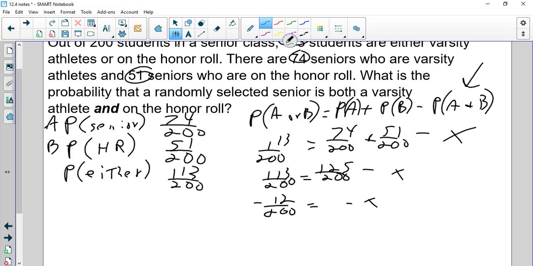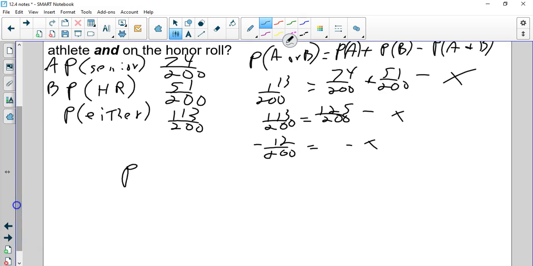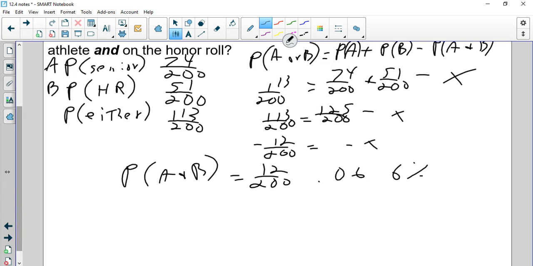Multiply both sides by negative 1. And I find out that the probability of A and B is 12 out of 200, which is the same as 6 out of 100, which is 0.06 or 6%. And that's the probability that they are both varsity and on the honor roll. And that's it.